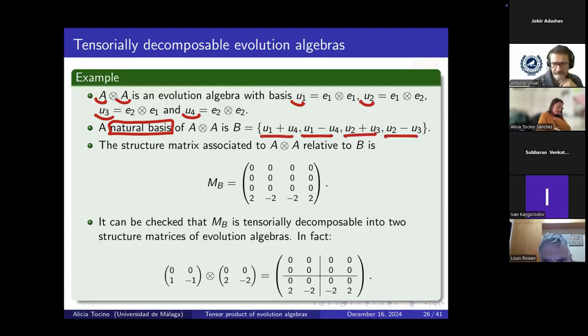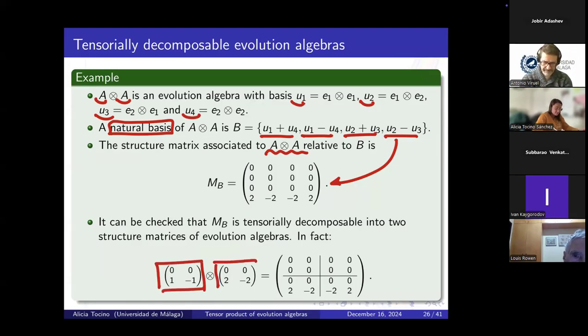Indeed, we have the structure matrix of A tensor A relative to the basis B here. It can be checked that this structure matrix is tensorially decomposable, since it is the Kronecker product of two matrices of dimension 2. So we get finally that our algebra is tensorially decomposable.